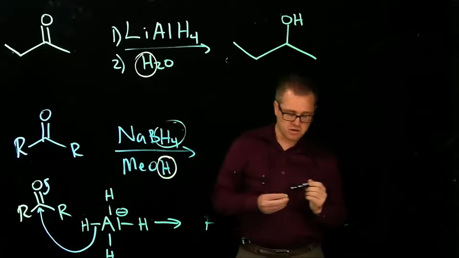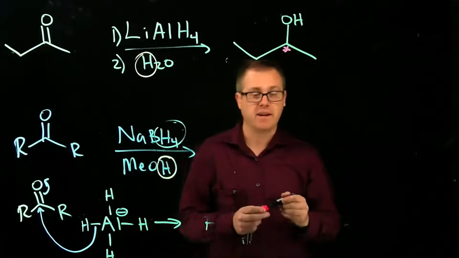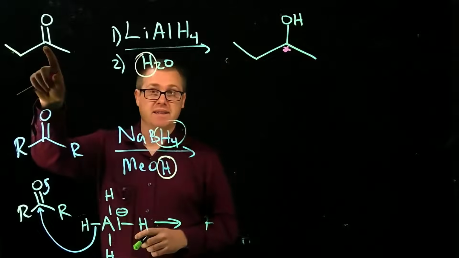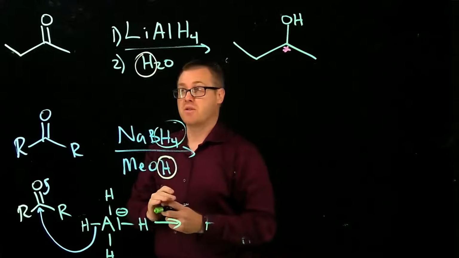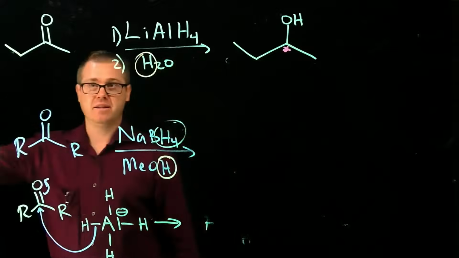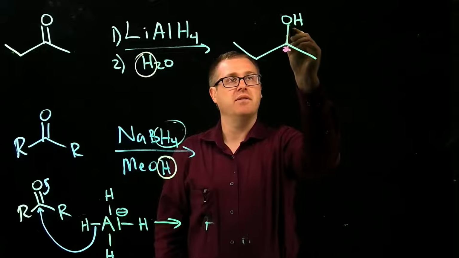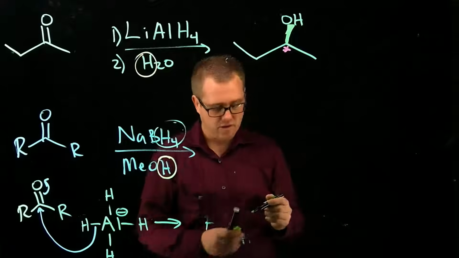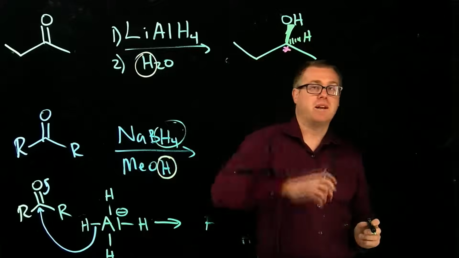But what did we also generate? We generated a stereocenter. So because this carbon is sp2 hybridized, this lithium aluminum hydride can approach from the front face and attack, or it can come in from behind and attack. So what's going to happen is if it attacked from the front face, you get a wedge. No. If the hydrogen attacked from the back face, we'd get a wedged oxygen.